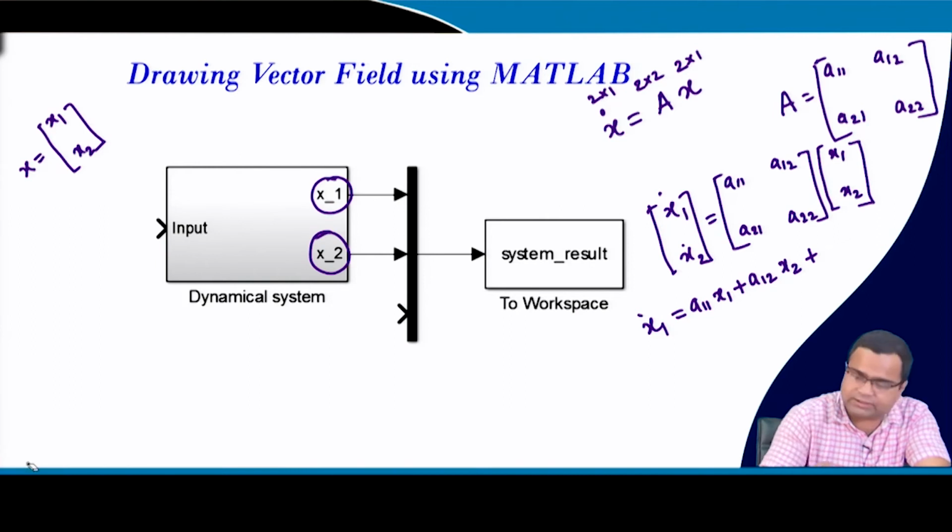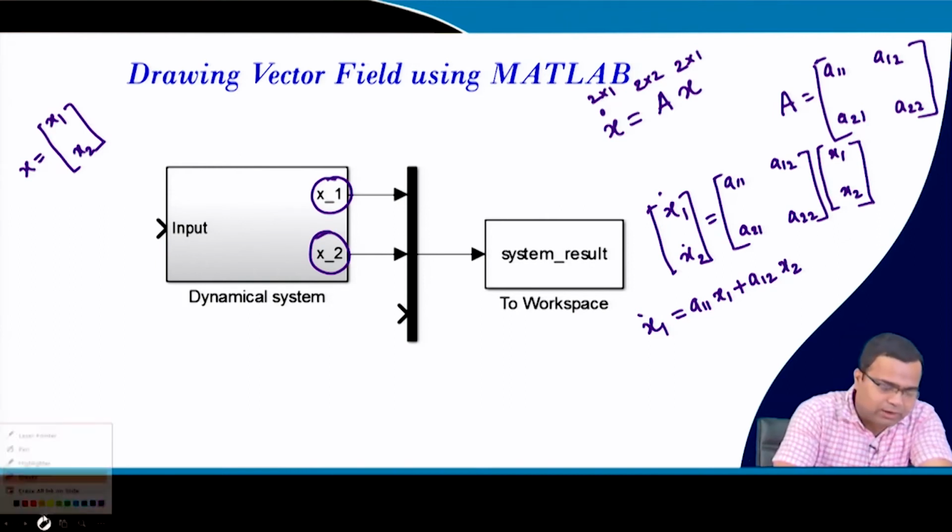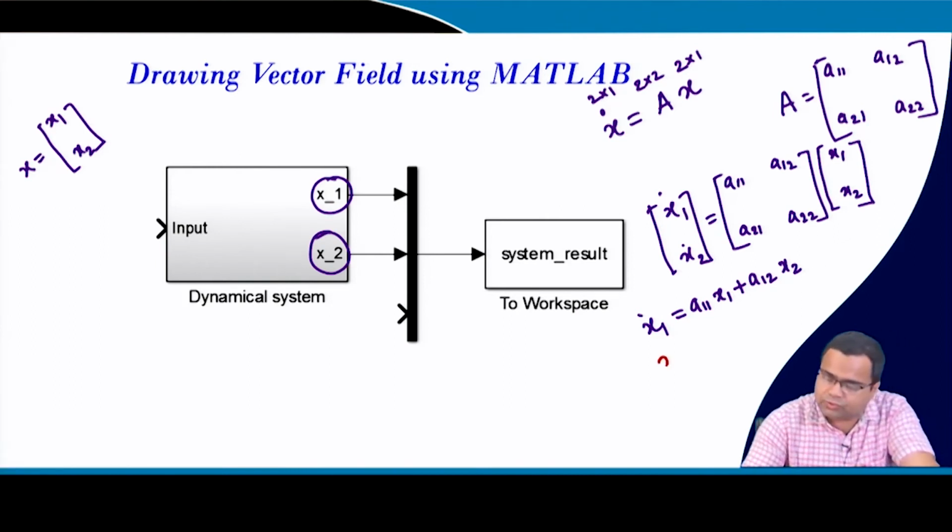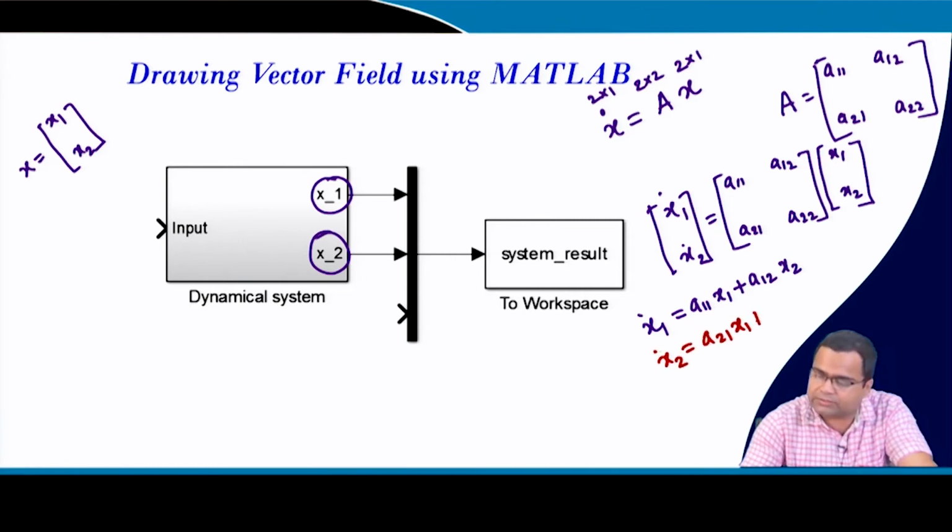So, that is it. And what about x2 dot? X2 dot will be A21 x1 plus A22 x2.